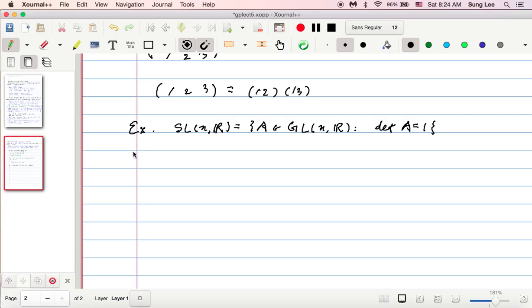How so? Let A, B be two matrices belonging to SL. Then by definition, the determinant of A equals the determinant of B equals 1.